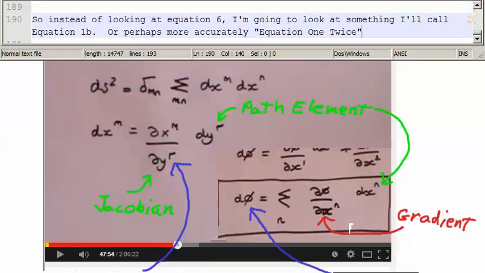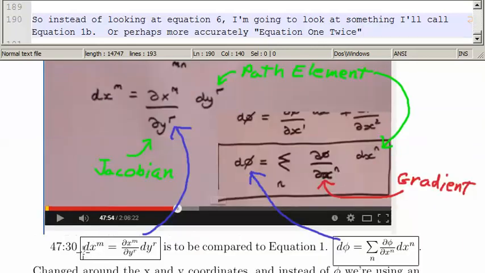So instead of looking at equation 6, I'm going to look at something I'll call equation 1b, which is right here. This is equation 1 down here. This is equation 1b. And I think perhaps more accurately it could be called equation 1 twice. So equation 1 twice has a vector equal to a Jacobian times a path element.